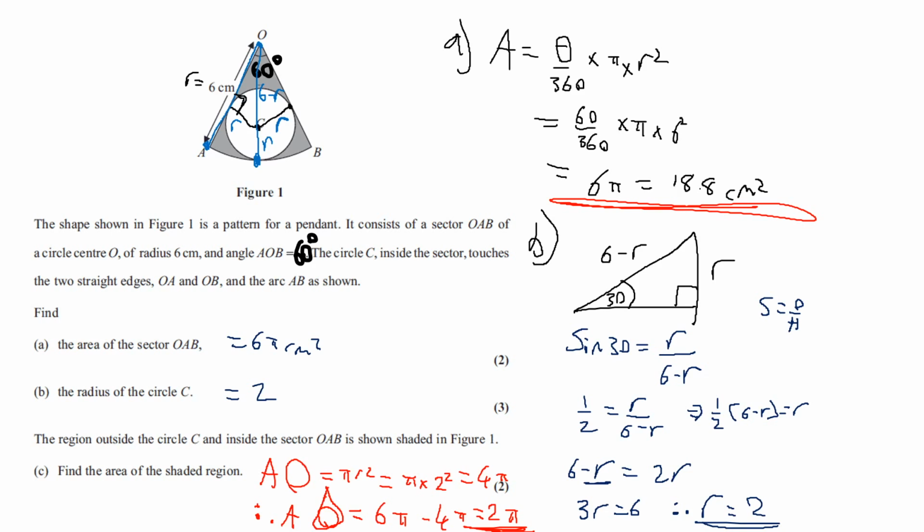If you do not have a non-calculator paper, you can put it in decimal places, which is equal to 6.3 centimeters squared.